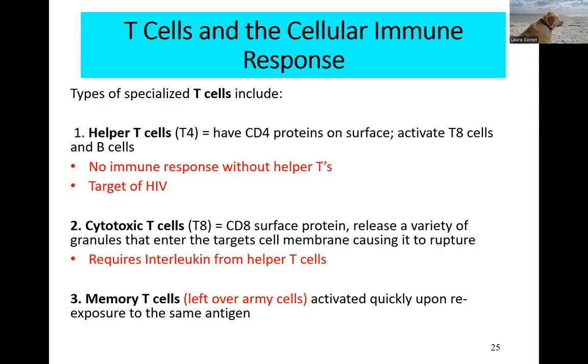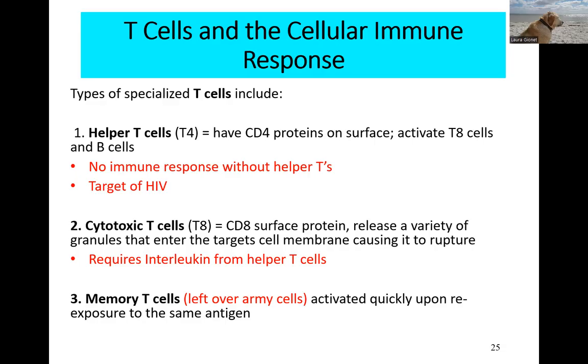They are the target of HIV. So in acquired immune deficiency, the organism is targeting the helper T cells. If you need the helper T cells to initiate your specific antibodies against a particular organism, then that organism is going to be given the capability to replicate over and over and make you very, very ill.